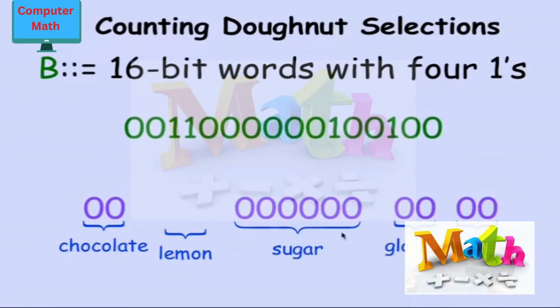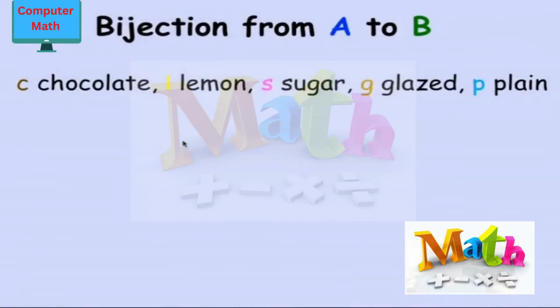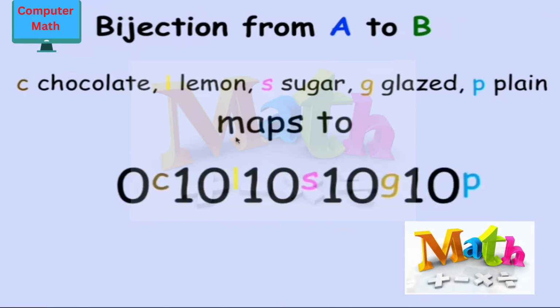So after the chocolate donuts, I put a 1, and then after the lemon donuts, there happen to be none, I put another 1, and then after the 6 sugar donuts, I put a 1, and then I consolidate and I extract from the donut selection this 16-bit word with 12 zeros corresponding to 12 donuts and 4 ones corresponding to breaking up those groups of zeros into 5 categories, 5 slots corresponding to the number of donuts of each flavor.